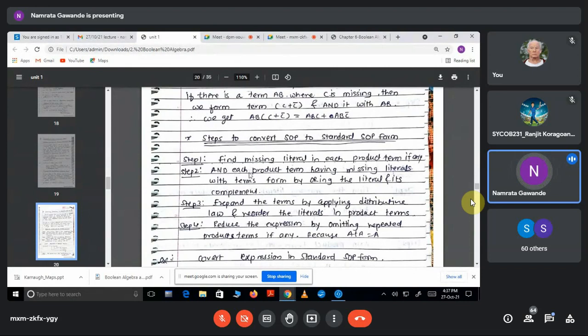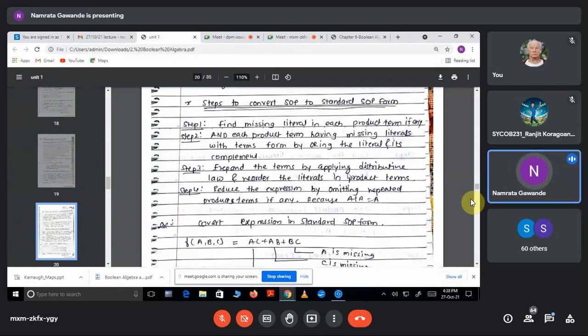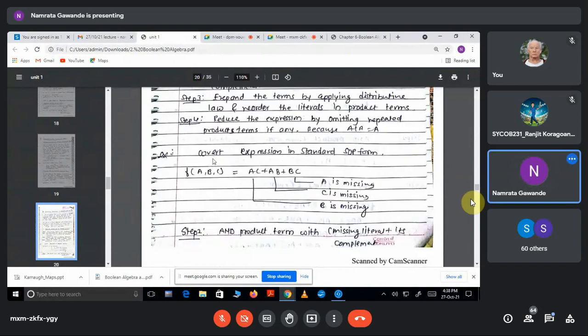You have to take the AND of each product term with those missing literals, and then take the OR of that with the actual term. Then expand the term by applying the distributive law and reorder the literals in the product terms, and then reduce the expression by omitting the repeated product terms. Now just go through this example. Convert the expression into the standard form.